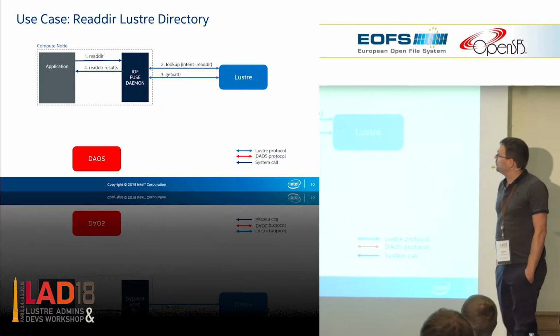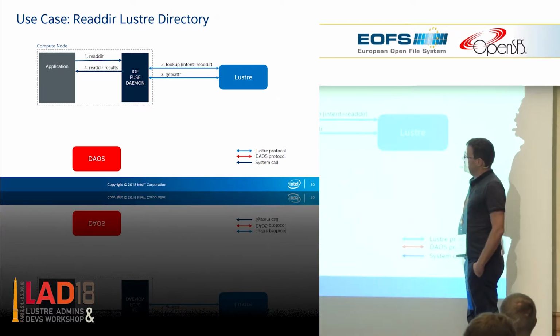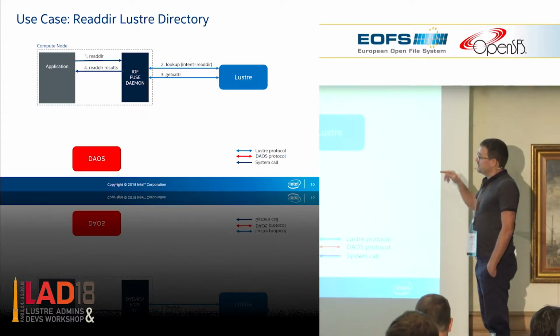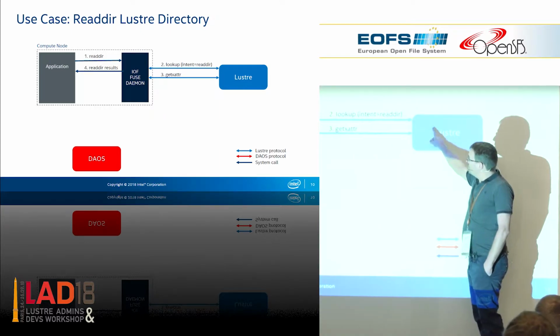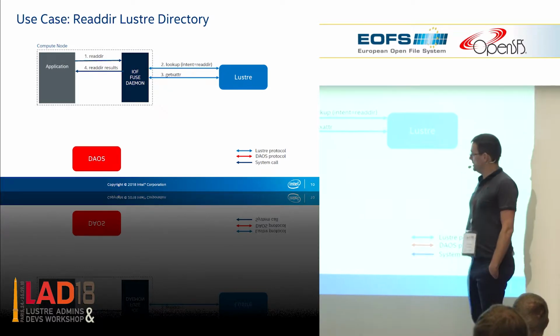So if you want to access the content of a Lustre directory, the application will issue a readdir that will be intercepted by the I/O forwarding layer and sent to Lustre. In Lustre, it will turn into a lookup with an intent readdir. It will fetch all the entries if there are any.